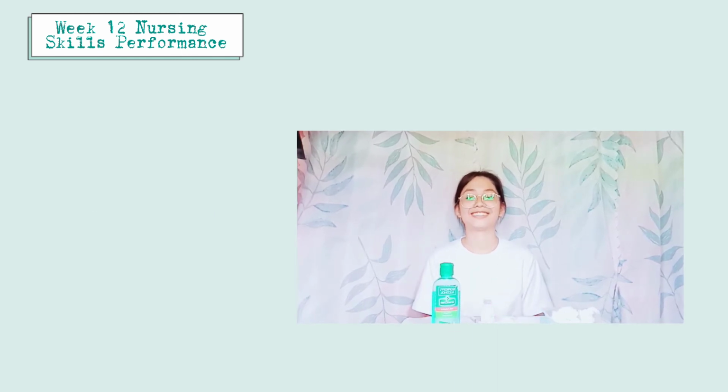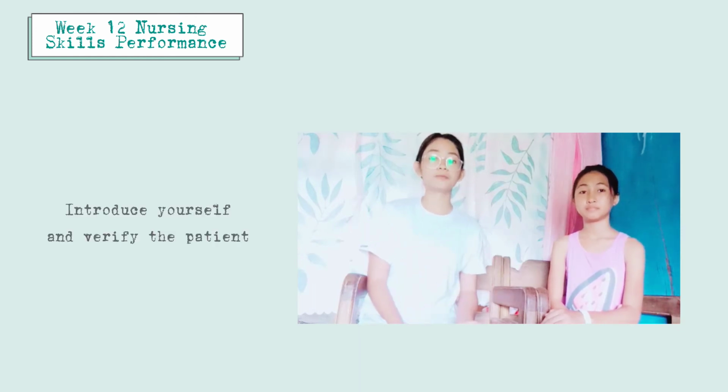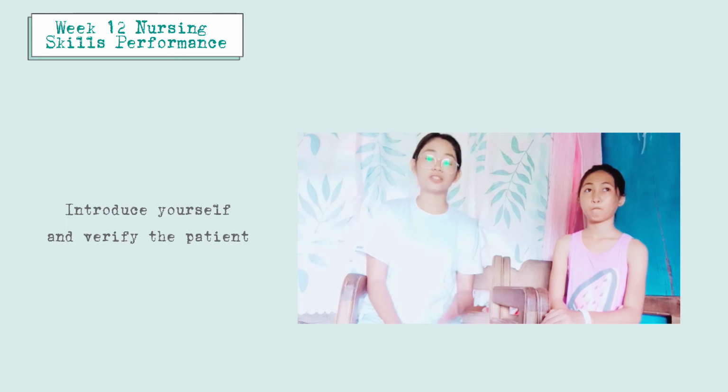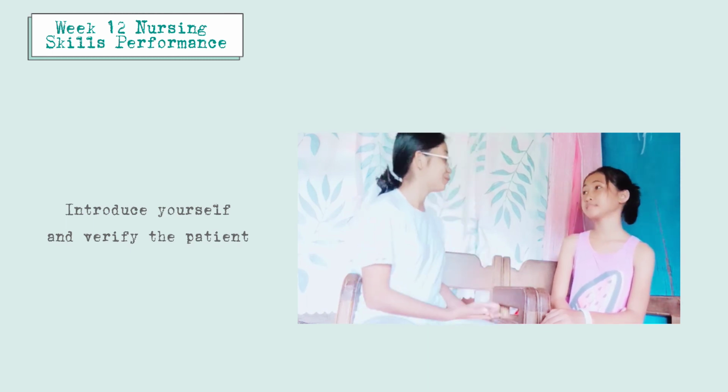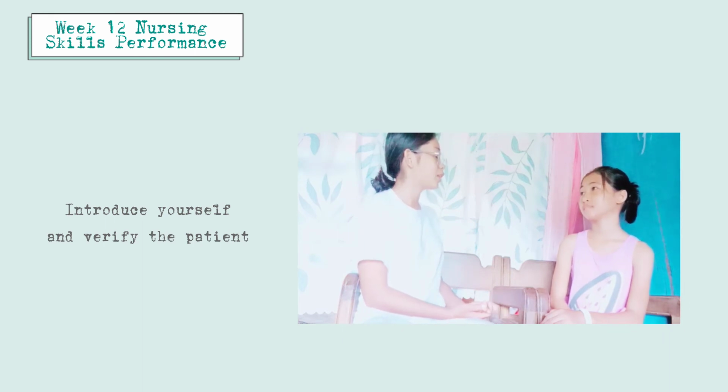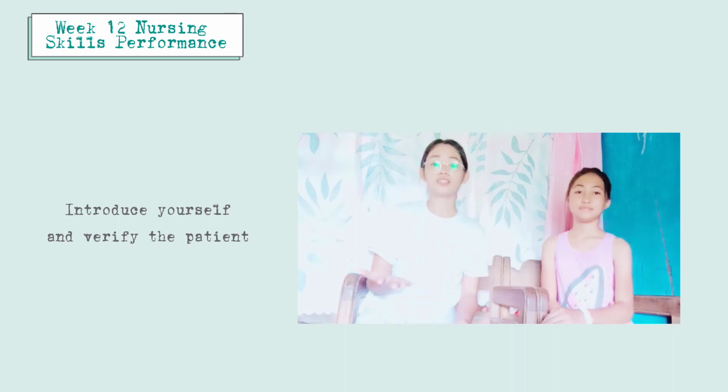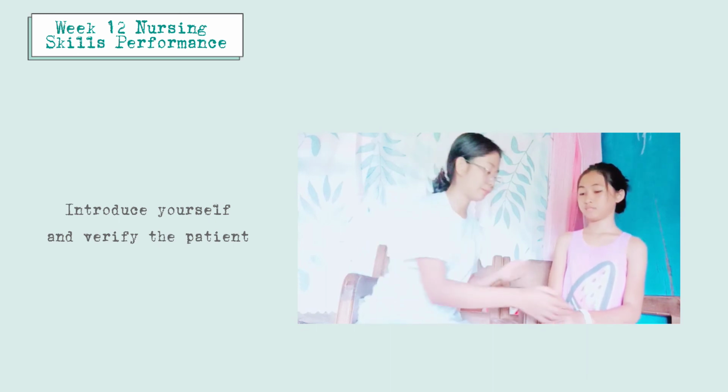And that's it. After entering the room and providing privacy, introduce yourself to the patient and also verify the patient. Hi ma'am, good morning. I am Cassandra and I am your nurse for today. May I know your name please? Cherry. Okay. And your birthday? November 16, 2000. Okay. Another option for verifying the patient's identification is by looking at their wristband. Can you see this?